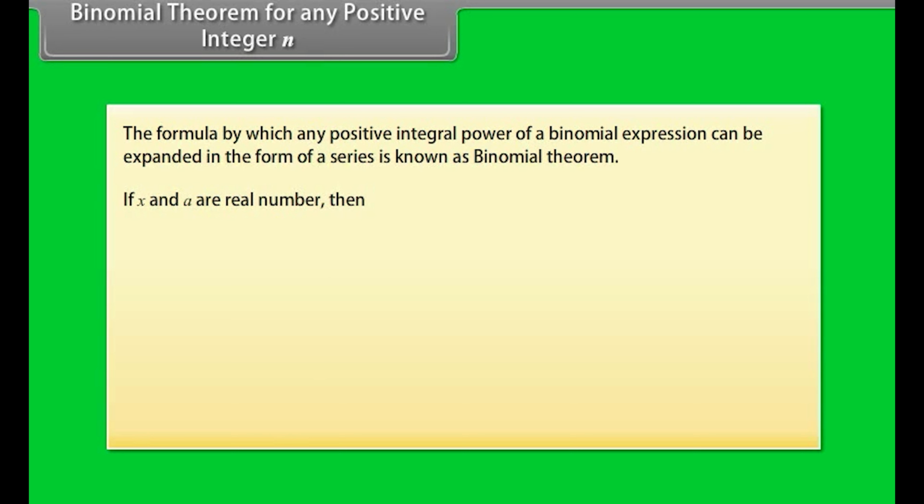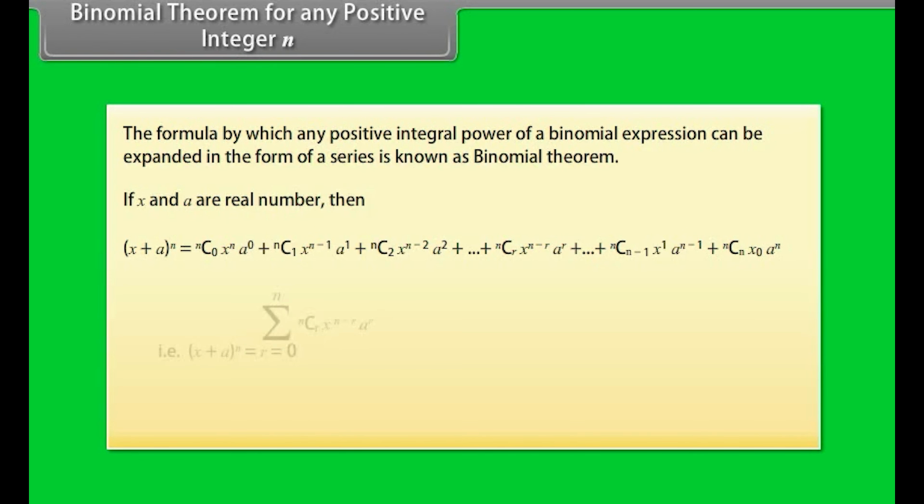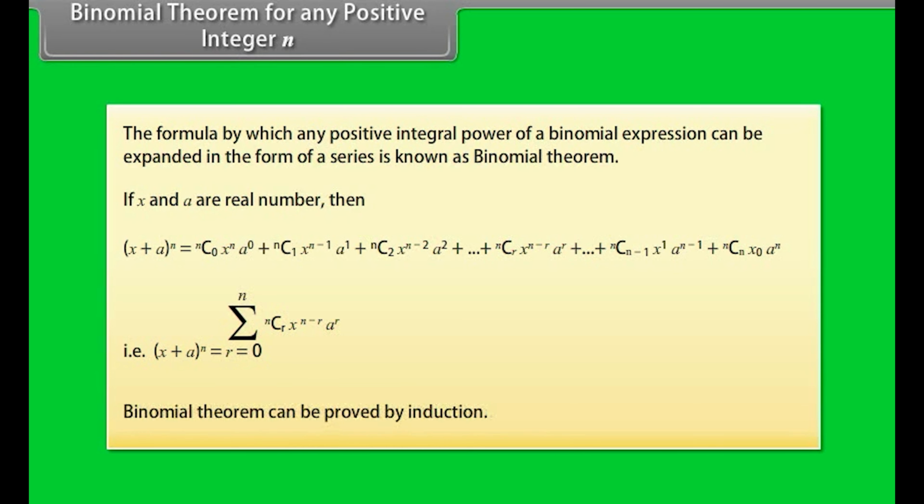If x and a are real numbers, then (x + a)ⁿ = summation from r = 0 to n of nCr xⁿ⁻ʳ aʳ. The binomial theorem can be proved by induction.